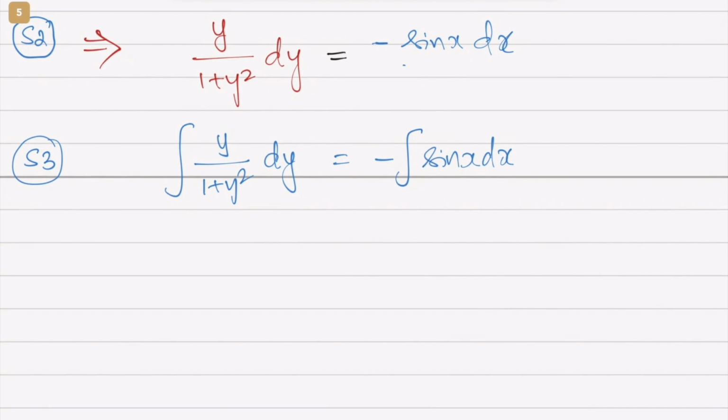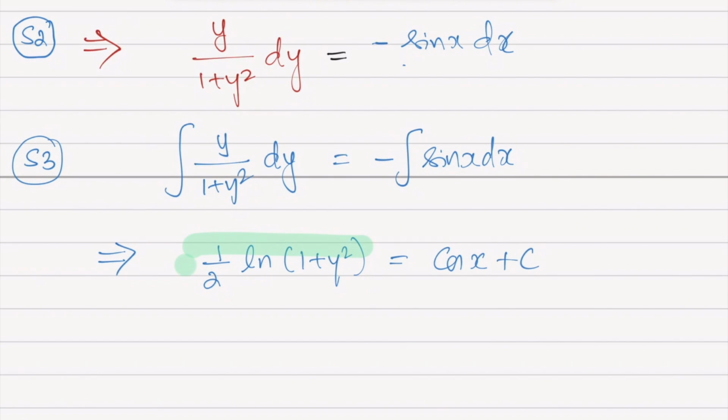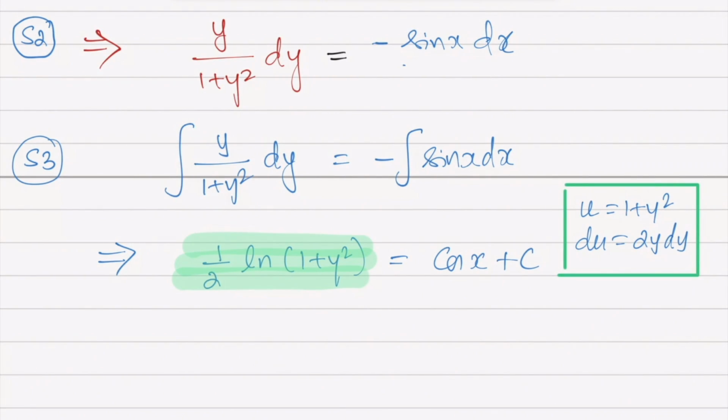And if I integrate this, I am going to have 1/2 ln of 1 plus y squared equals cosine x plus c. Just in case you're wondering how I got this here, this is using a substitution method, u equals 1 plus y squared, then du would be 2y dy, and that leads to the integration on this side.